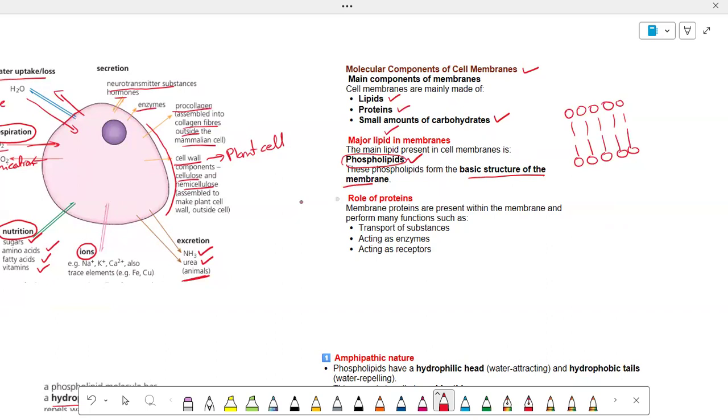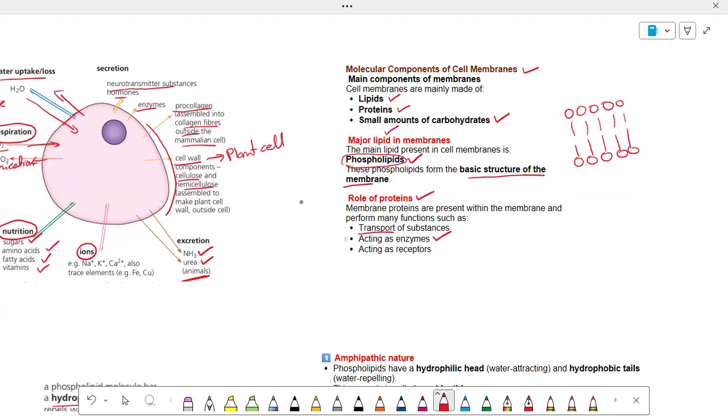And the other is the role of protein. Membrane proteins are present within the membrane and perform many functions. They are of different types. I will discuss it later in this video. The main function is actually transportation of substances. They help substances move in and out of the cell.